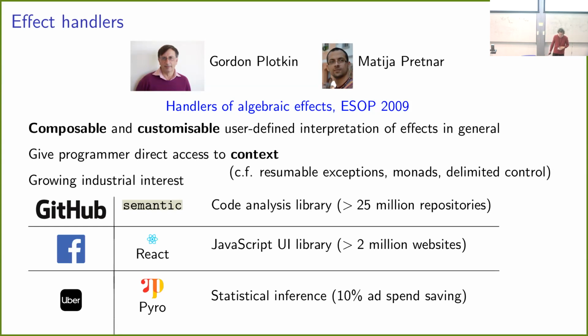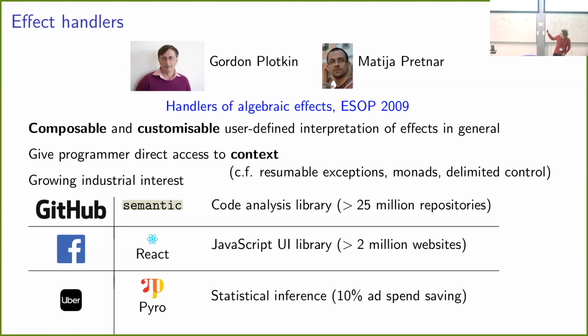I think it's also worth saying that this is not just a theoretical thing. There's lots of active work in academia on effect handlers, but there's a lot of industrial interest as well. So they're deployed by GitHub, for instance. Whenever you do a pull request, it's running a semantic library that makes essential use of effect handlers in order to generate the code navigation information.